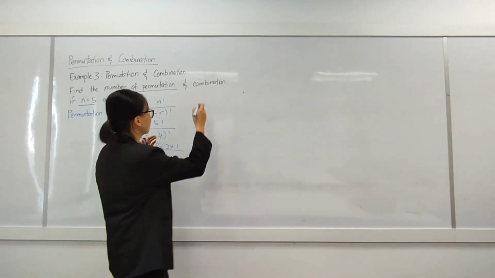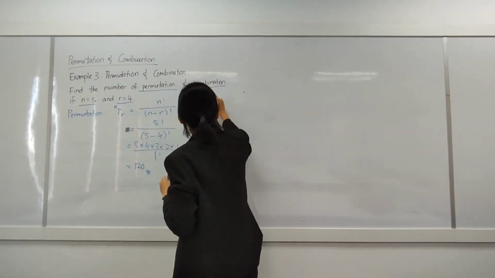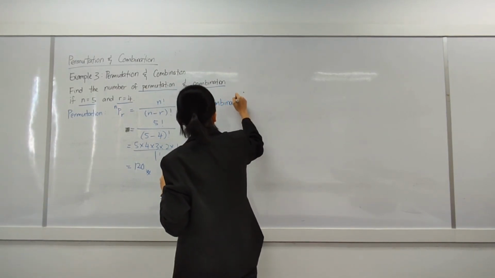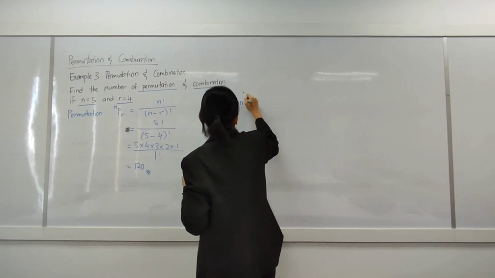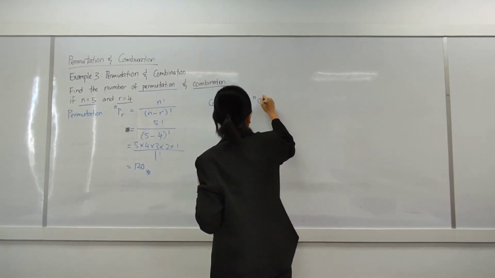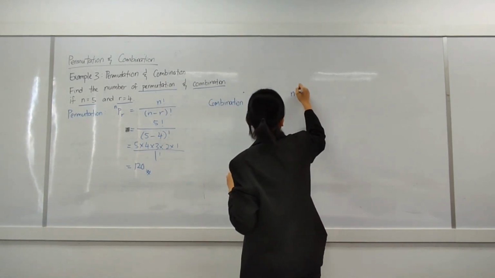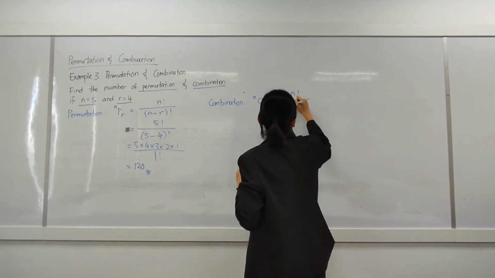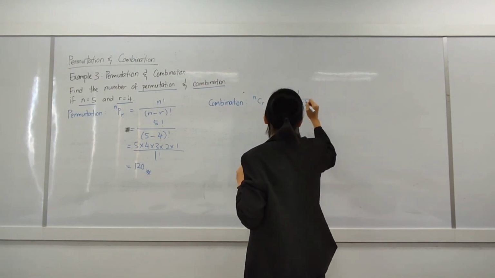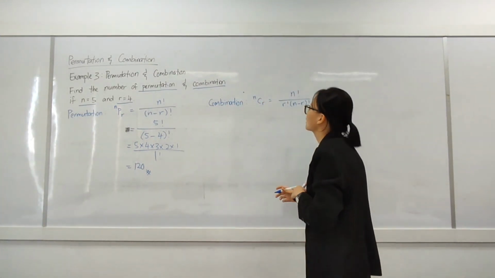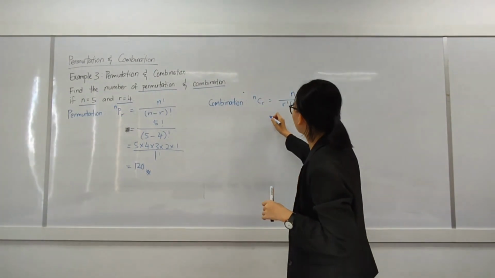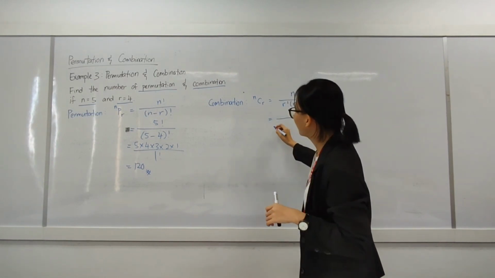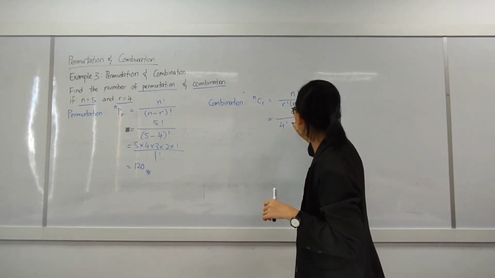And we'll move to combination. So for combination, we'll use the formula of nCr. nCr equals n factorial over r factorial times (n minus r) factorial. So n equals 5, r equals 4.